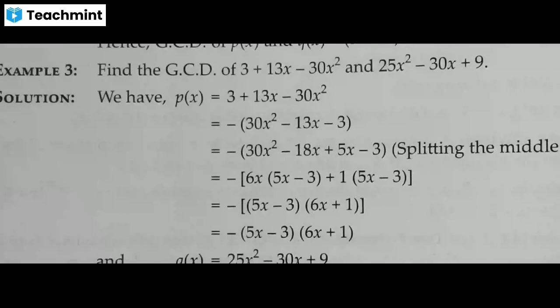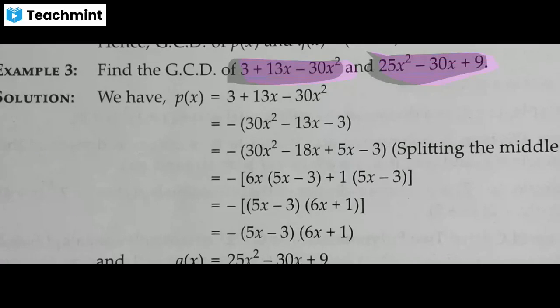The question is like this: find the GCD of 3 plus 13x minus 30x square, and this is one polynomial. Here we have another polynomial. Find the GCD and LCM.